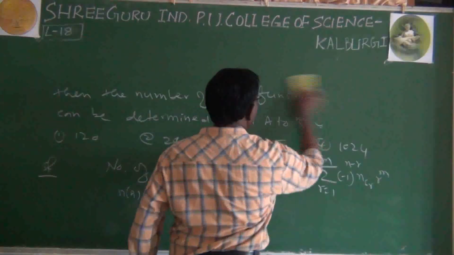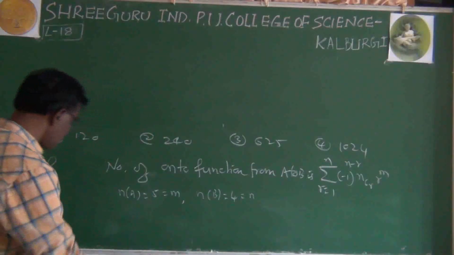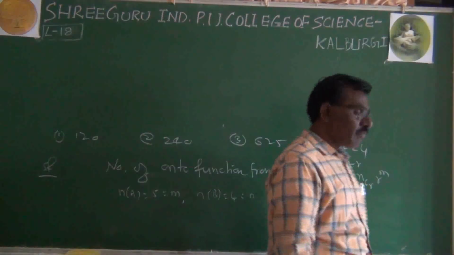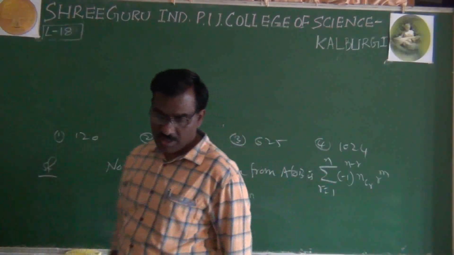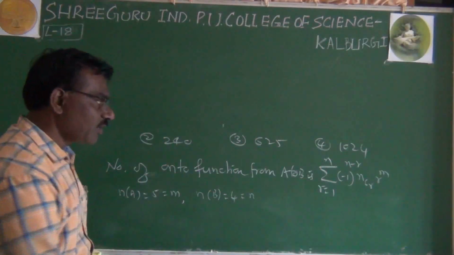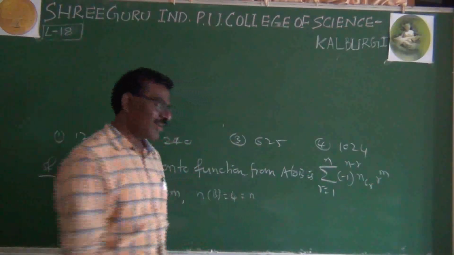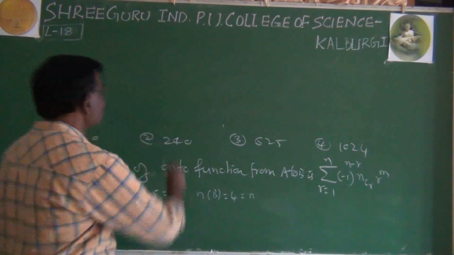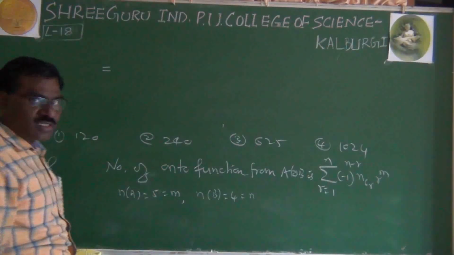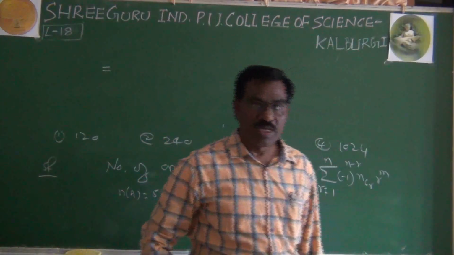Number of onto functions from A to B. The formula is also very difficult: summation r equal to 1 to n, minus 1 to the power n minus r, nCr, r raised to m. You know everything. What is n? 4. What is m? 5. Now let's start. Be careful. Okay, calculation takes time because in JEE it is ज़्यादा रहता time.